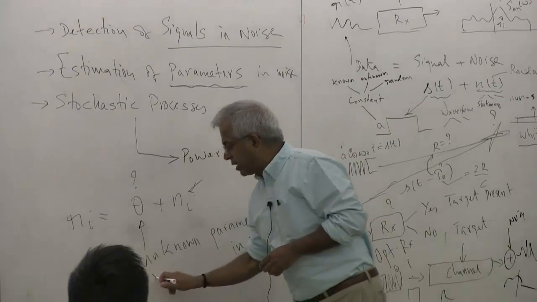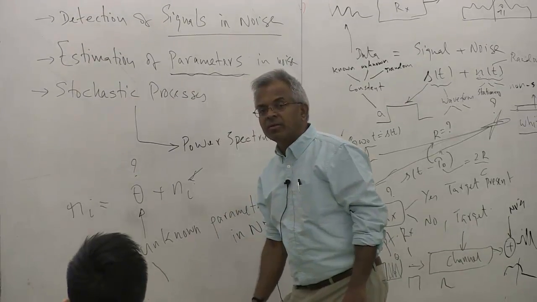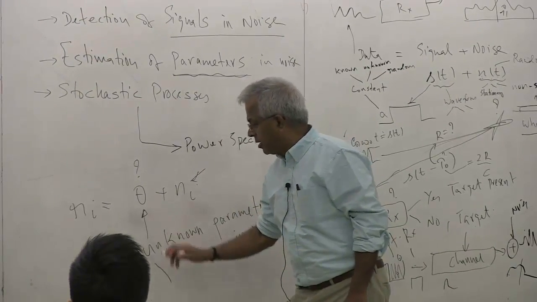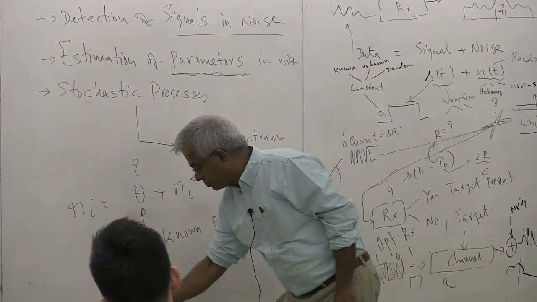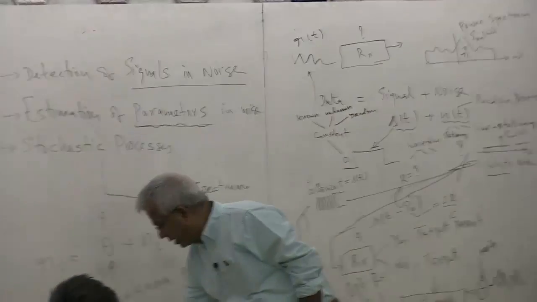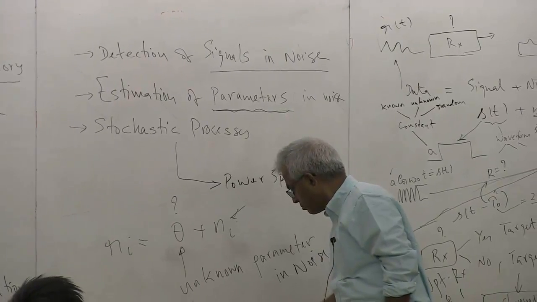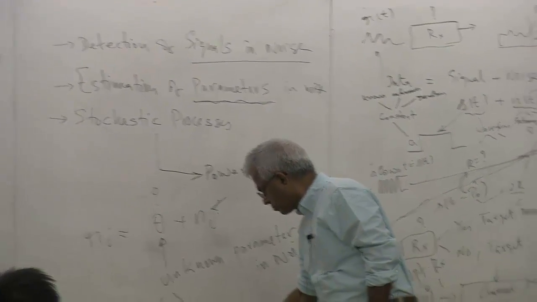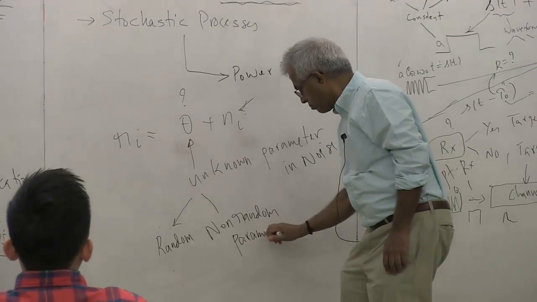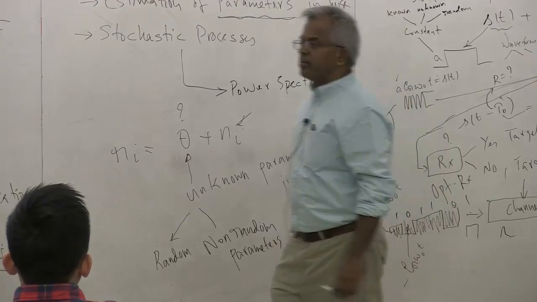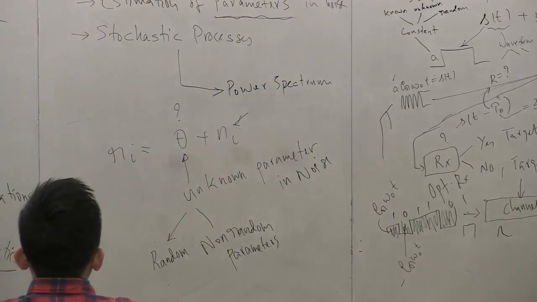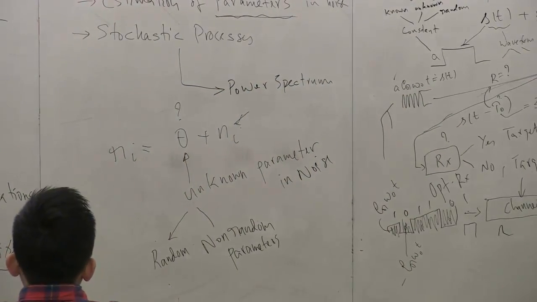So this parameter again has two cases that we will consider: random parameters and non-random parameters. A non-random parameter is simply saying that the parameter just happens to be an unknown constant, right?